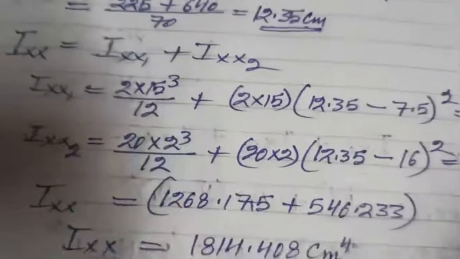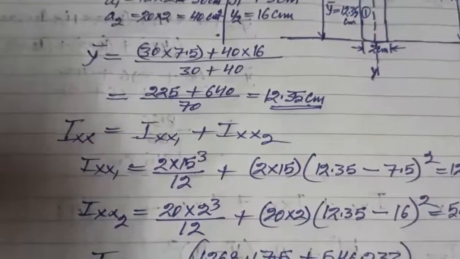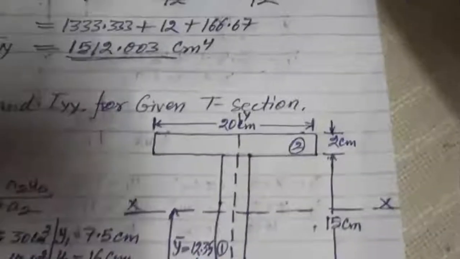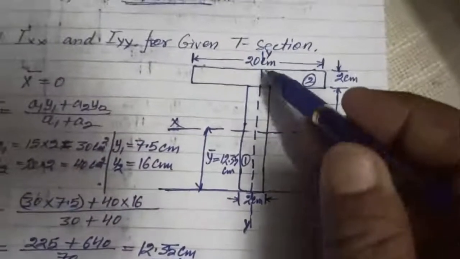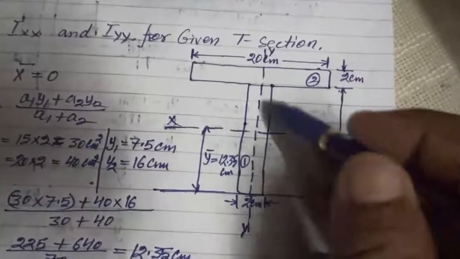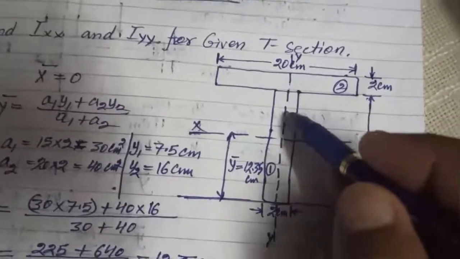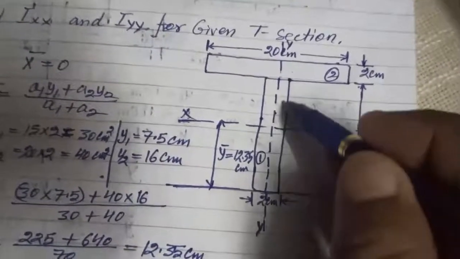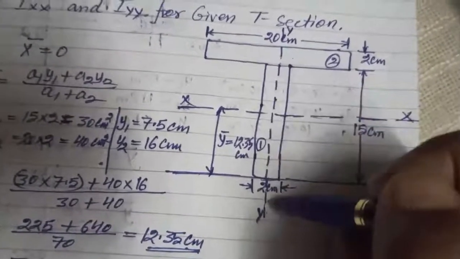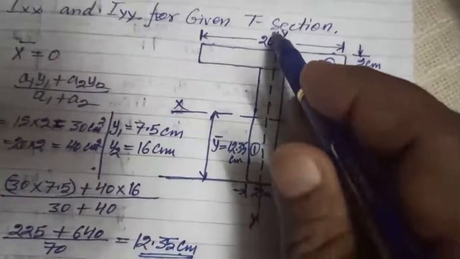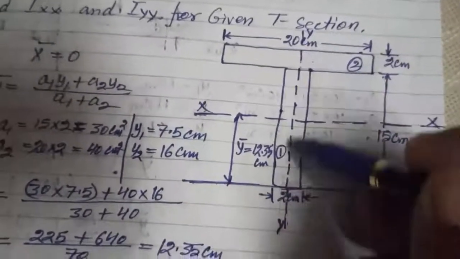So this is IXX. Now IYY for this T section. IYY is along this line. As in the I section, this line is common for both individual figures, because the centroid of this one part lies over this line, the centroid of the second part also lies over this line, and the centroid of the whole figure also lies over this line.